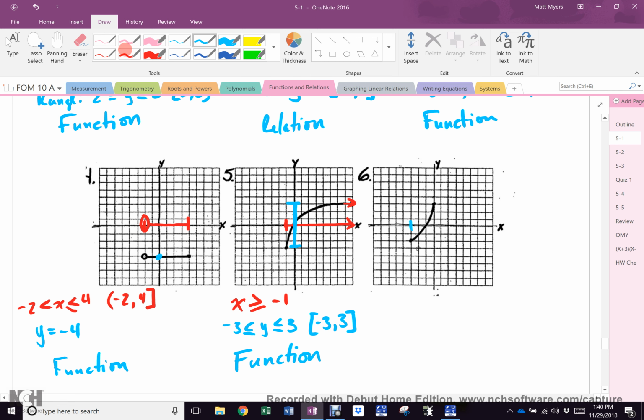Domain. Negative 3 less than or equal to x less than or equal to 0. Negative 3, 0. Range. 1, 2, 3, 4, 5. Negative 2 less than or equal to y less than or equal to 3. Function? Yes.